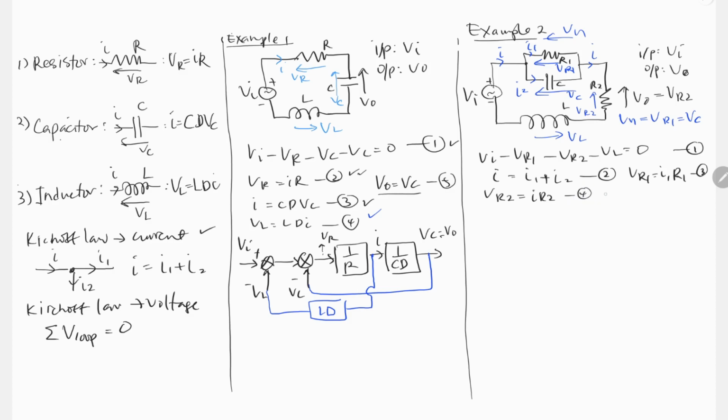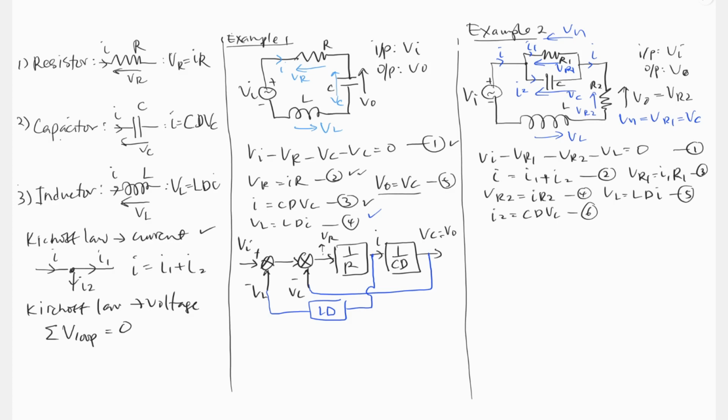VL equals L dI, number 5. And for the capacitor, the current that passes through the capacitor, I2, equals C dVC, this is number 6. Right, we have the equations needed to form the block diagram.